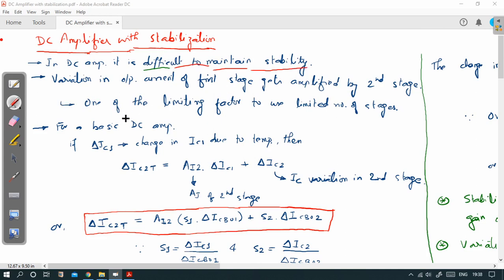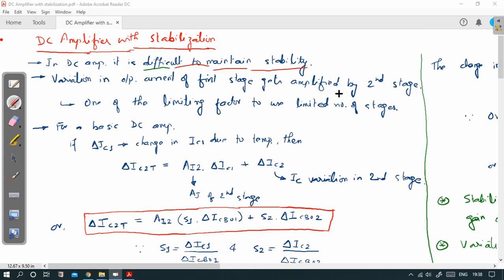But anyhow, we will have to make the operation as stable as possible, and the variation in output current of first stage gets amplified by second stage. So this is one of the problems.